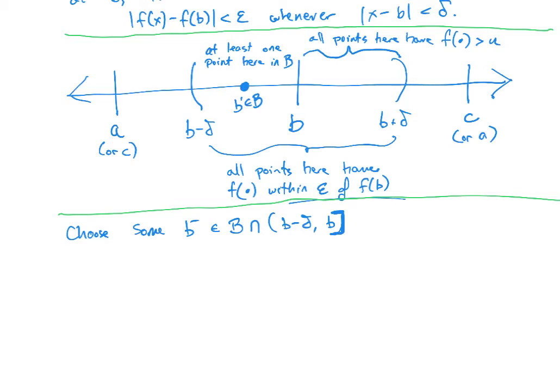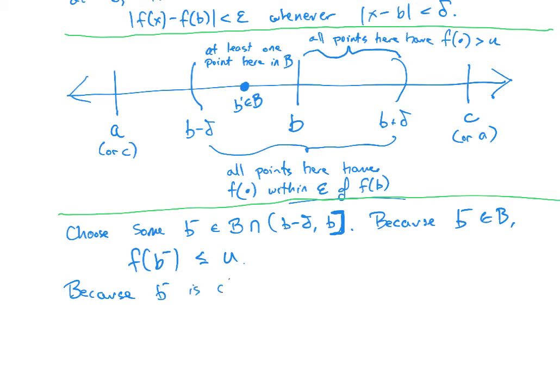Choose some little b over there, b minus over there, because b minus is in B. What do we know? F of b minus is at most u. It's part of being in capital B. But then we also know that it's within delta of b.